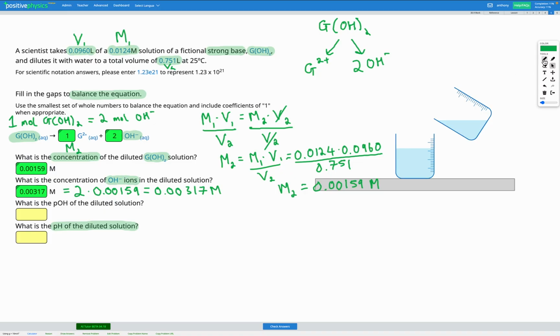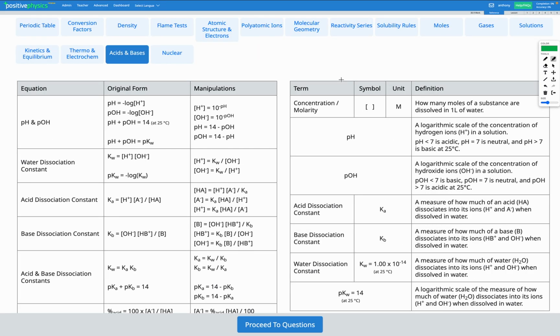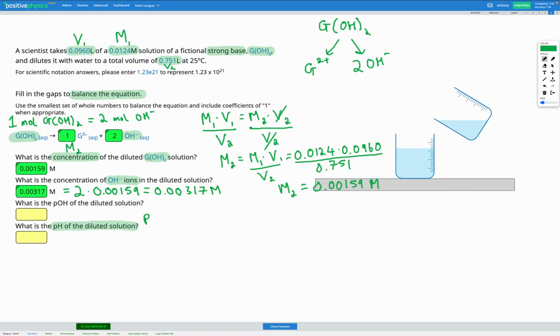Next, to find our pOH. Let's head back to the reference sheet. In the acids and bases tab, here's our pOH equation. pOH is negative log of the concentration of hydroxide ions. So we can go ahead and put our concentration into that equation.